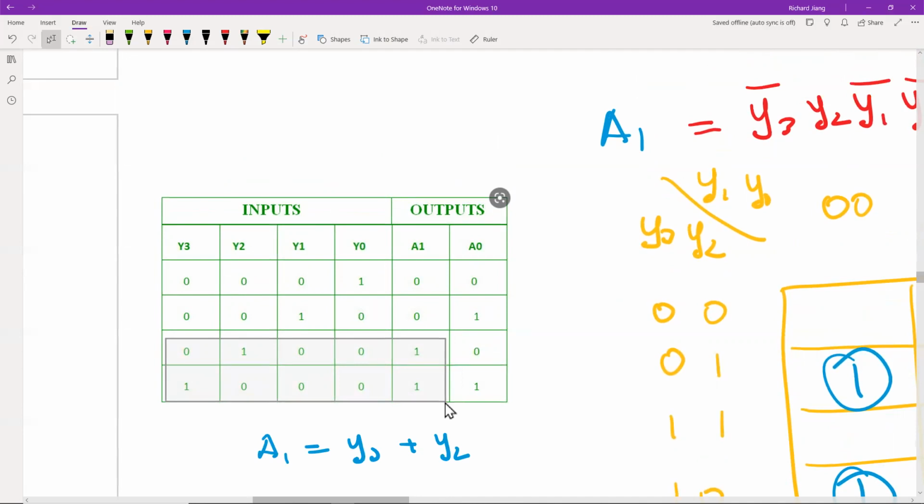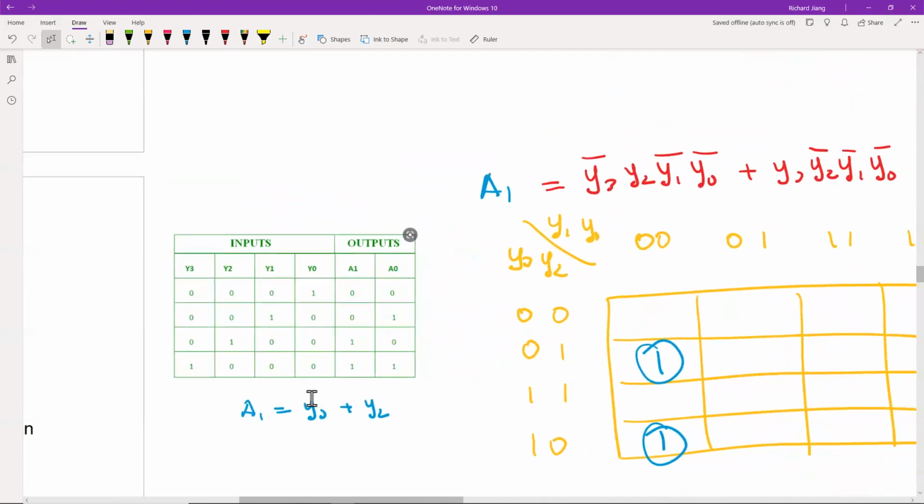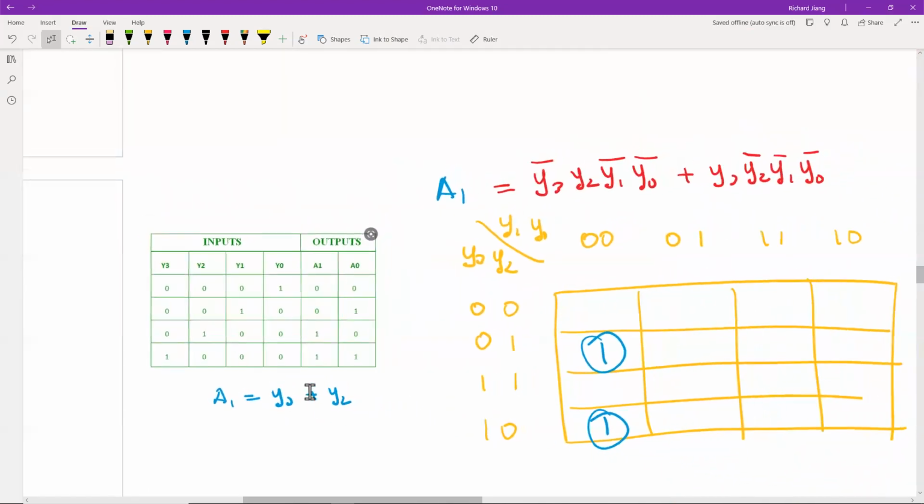Gotcha. Okay. I was wondering if what they did was right or not after you went to the K-map and I was like, oh no. Hang on one second. I want to see why this is the case. Give me one sec.